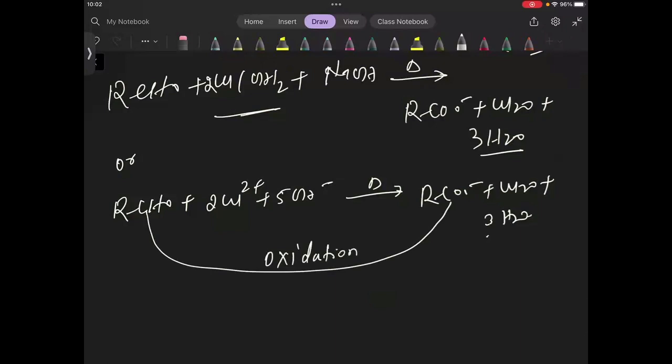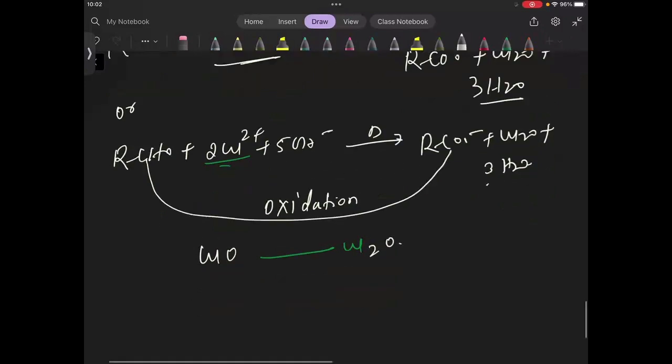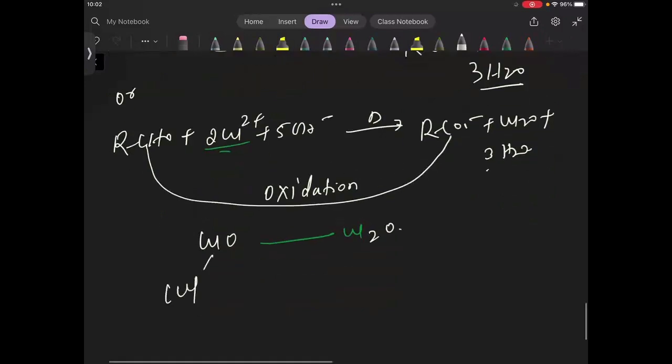But in this case, the copper CuO, cupric oxide, is converted into Cu2O, cuprous oxide, correct?